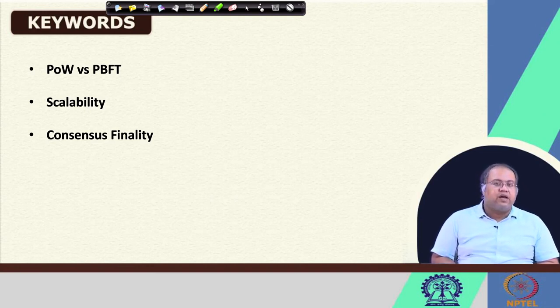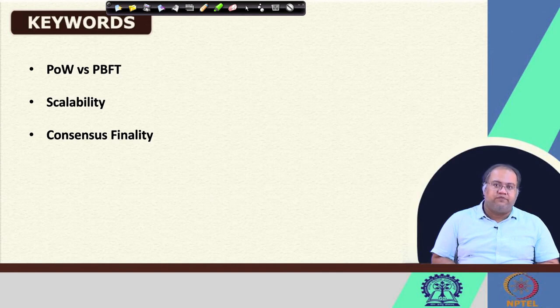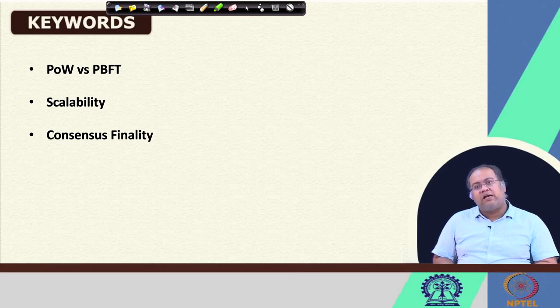As you already know, proof of work is the consensus for the permissionless model of blockchain, whereas PBFT is the consensus model for the permissioned model. In that context, we are going to learn about the scalability requirements for blockchain consensus models. And finally, we are going to touch on something called consensus finality and why that is important for the design of enterprise applications or the enterprise blockchain model.